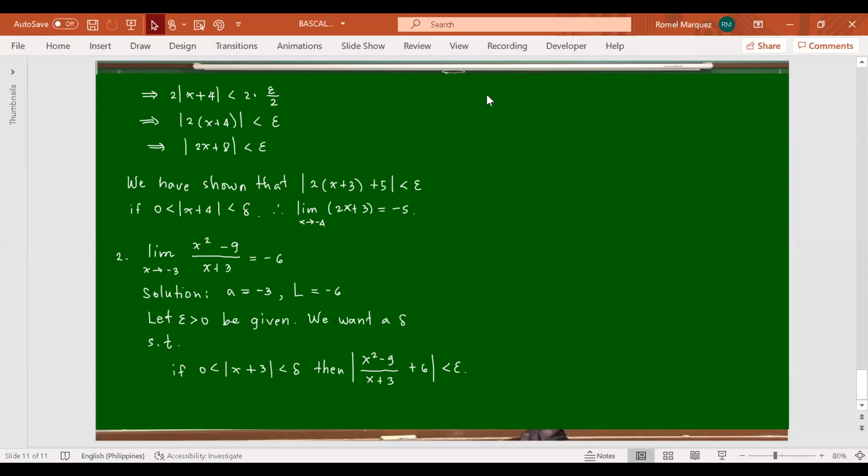So let's have now the first step. Find an appropriate delta.